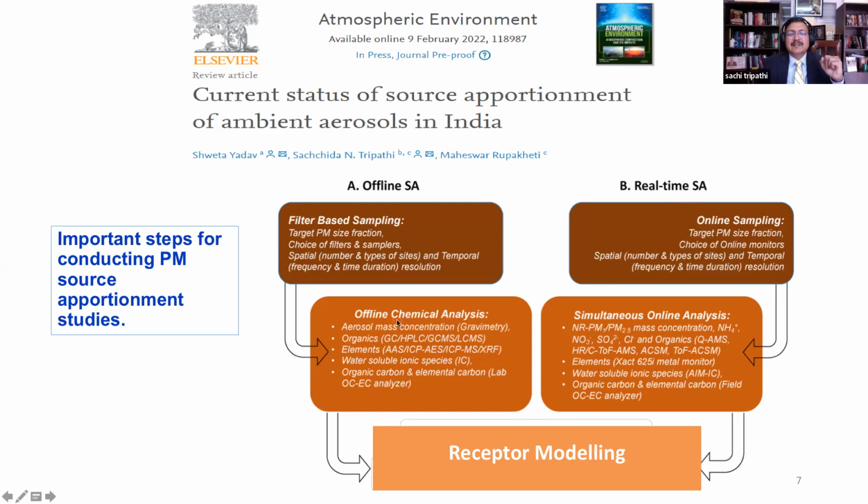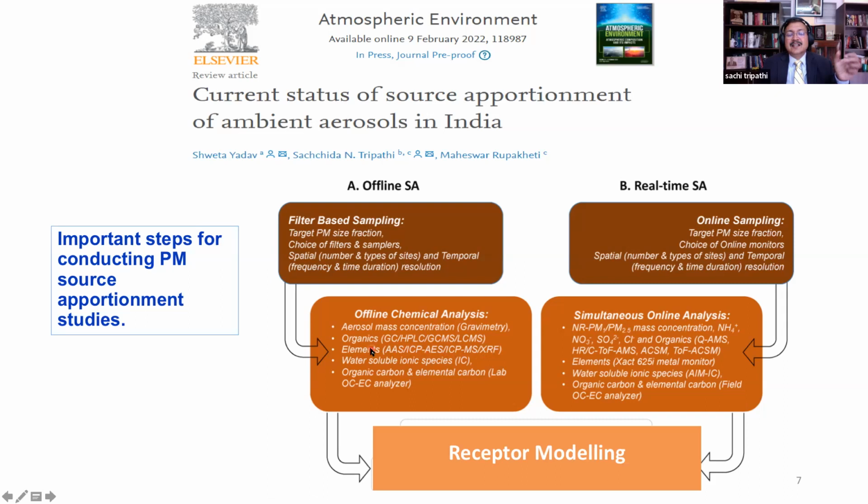Now, what kind of chemical analysis do you do with the offline technique? You can do gravimetry. We talked about that earlier, which gives you the mass of particles. Then you can use different instruments, either GC or HPLC or GC-MS, etc., to get accurate information about organics. Then you can use AAS or ICP, inductively coupled plasma, or some other such methods, or XRF, X-ray fluorescence.